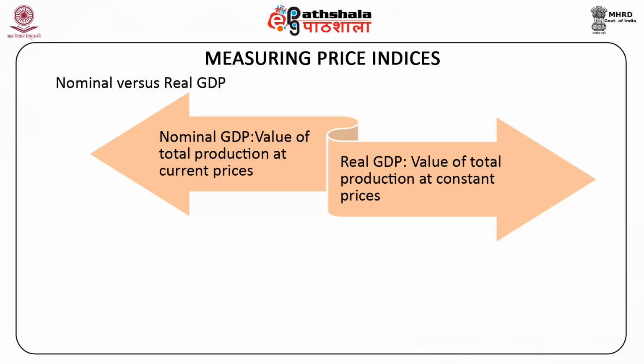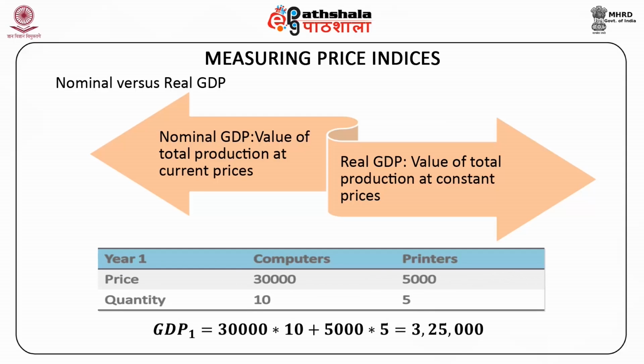Let us understand this concept using an example. Suppose the economy produces two goods, computers and printers. The prices in year 1 are rupees 30,000 and rupees 5,000 for computers and printers respectively. We assume year 1 is the base year.